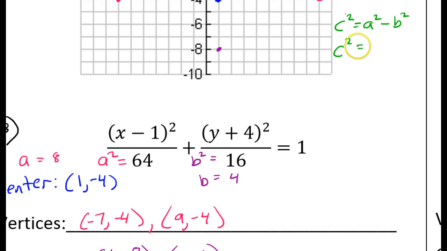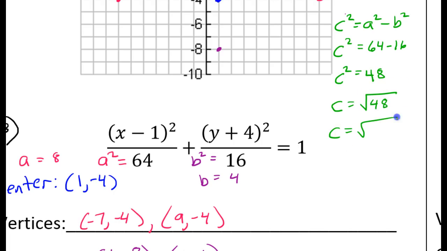So that means c squared is going to equal 64 minus 16. So that's c squared equals 48, which means that c is equal to the square root of 48. 48 is 16 times 3, which means that c is equal to 4 radical 3.